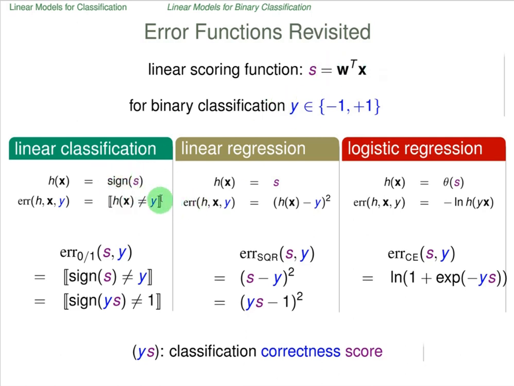So we can change this error function as follows. The 0-1 error function will take s and y. From this, we can define a classification correctness score. So sign of ys not equal to 1 is equivalent to the following: sign of s not equal to y.